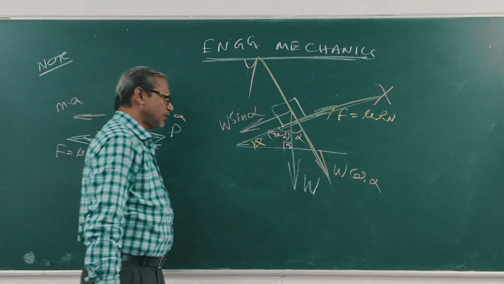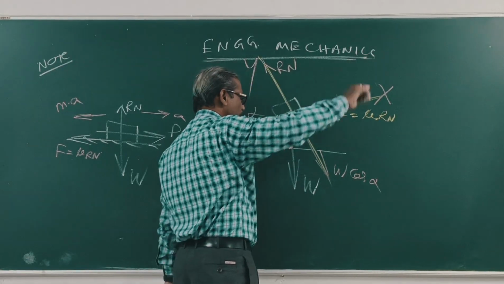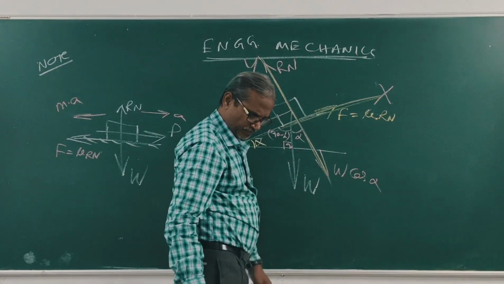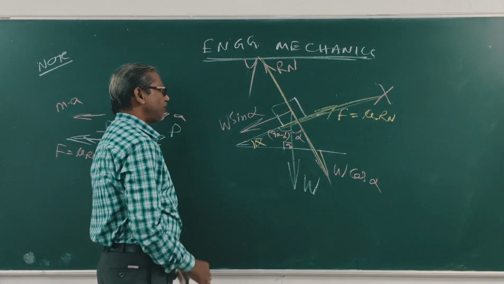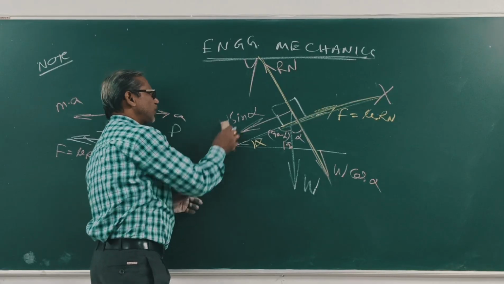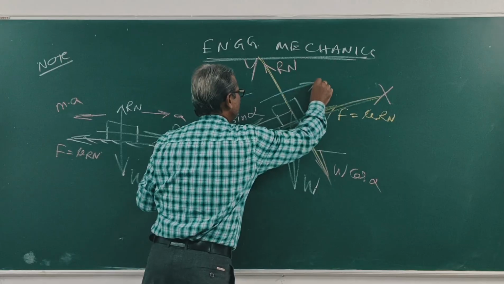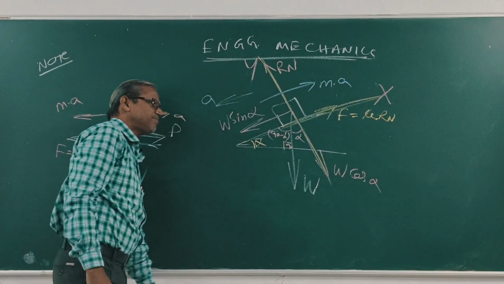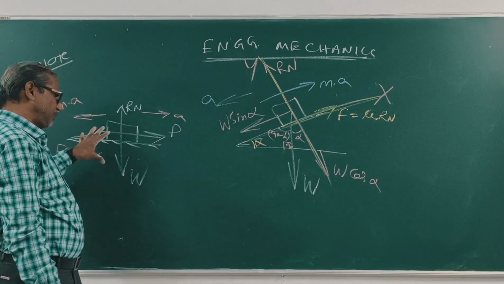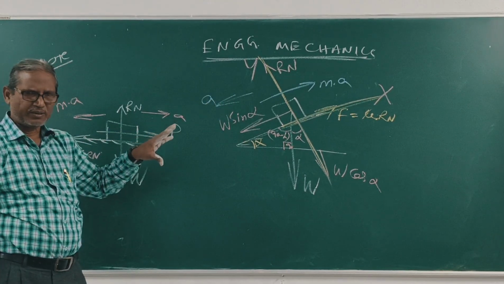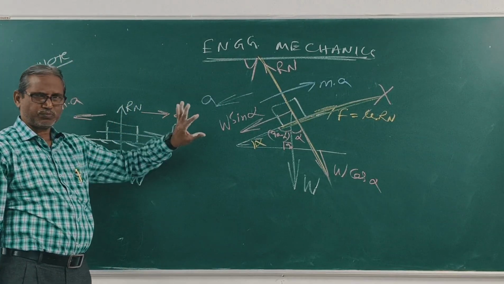This is the normal action Rn. Now, in this problem, the body tries to move downwards, so acceleration A is acting along the motion of the body. Opposite to that is MA. This is the figure for the inclined plane. This is the figure for the horizontal plane. Clear? So we use these two figures for solving the next problems.